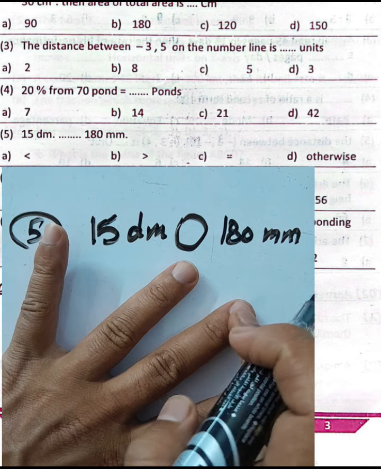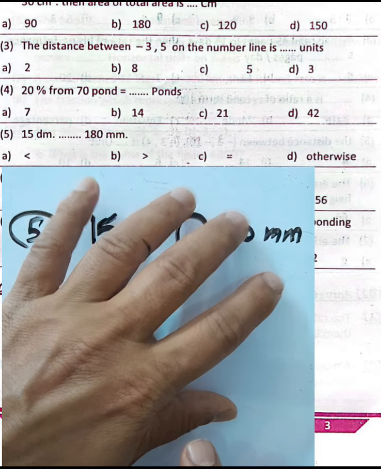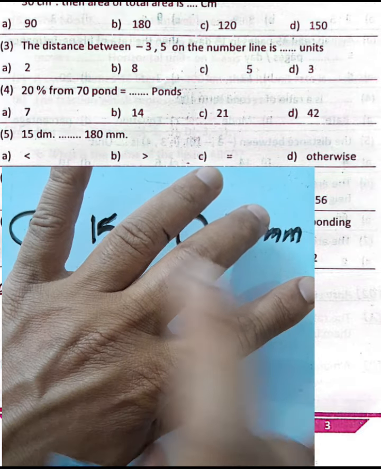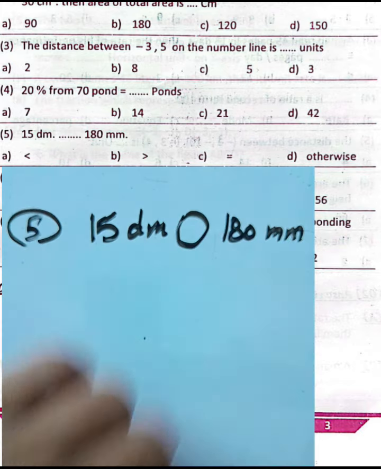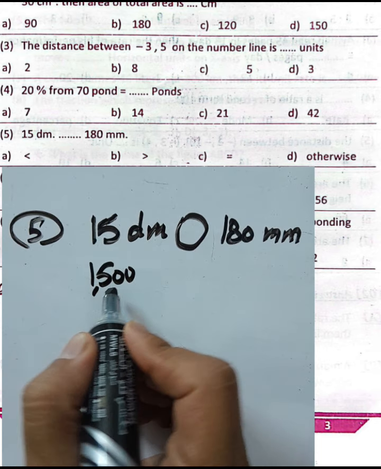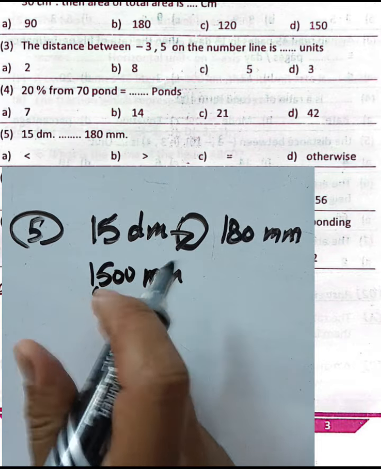Do you know? We have here kilometer, meter, decimeter, centimeter, millimeter. To convert from decimeter to millimeter, multiply by 100. Then 15 times 100 will be 1500 millimeters. Then this number will be greater than 180 millimeters.